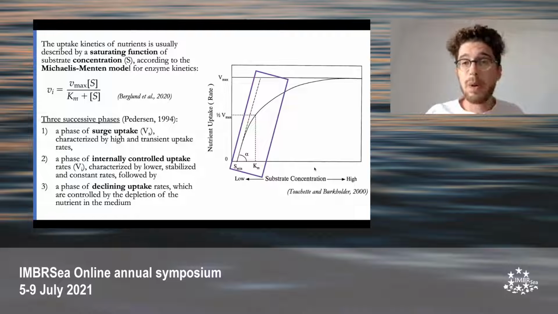For the purpose of our study, we were looking for values of maximum uptake rate, Vmax, and the half saturation constant Km. With those two, you can then derive the angle alpha of the initial uptake rate. So the steeper alpha, the higher this value is, you might have an advantage over other organisms.